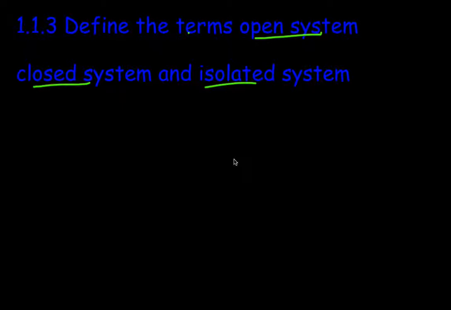So the first system we want to talk about is the most common one we're going to see, which is all ecosystems are this, which is an open system.